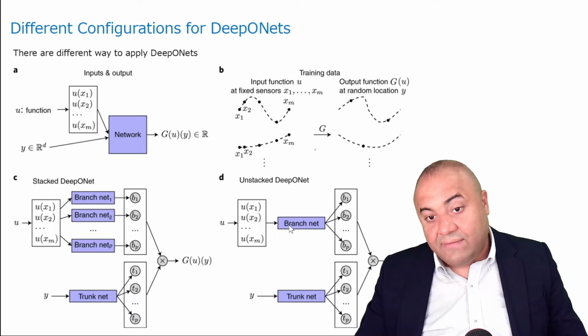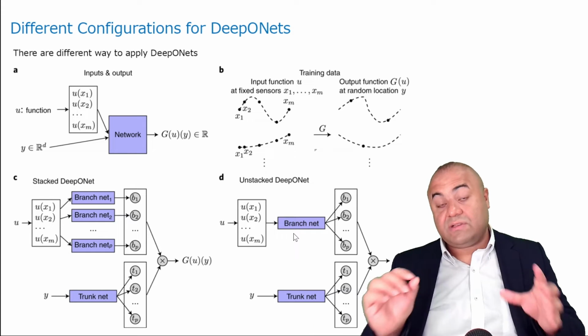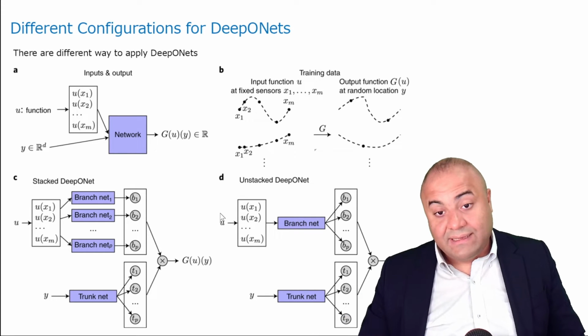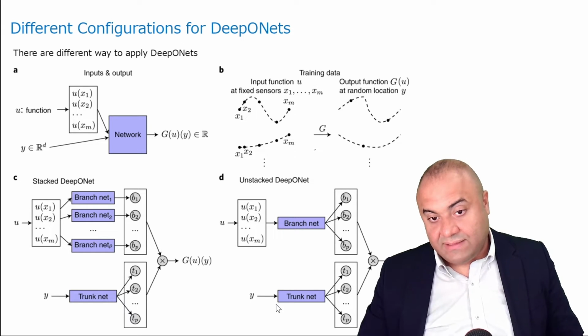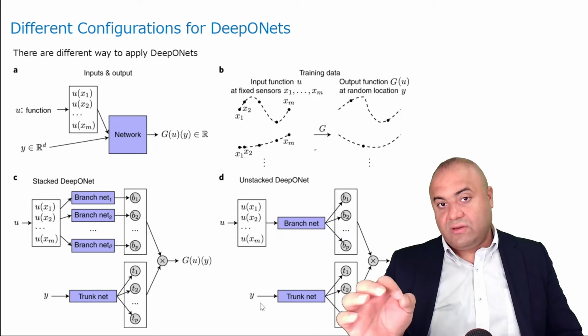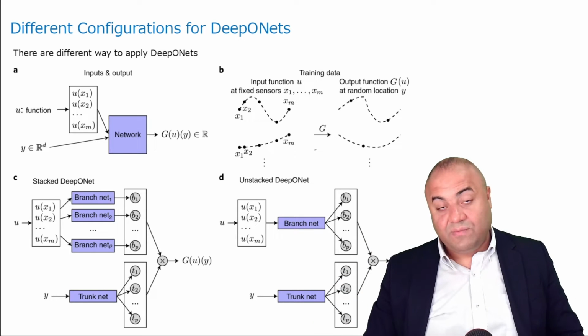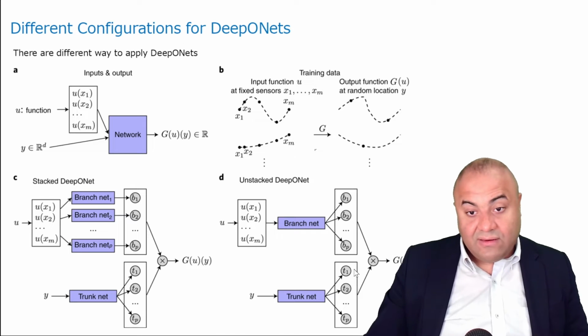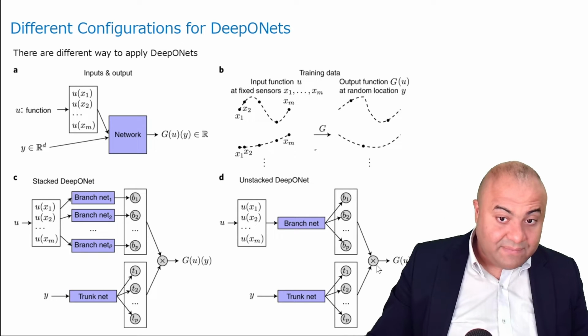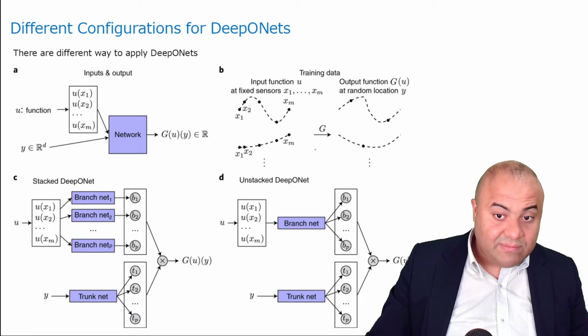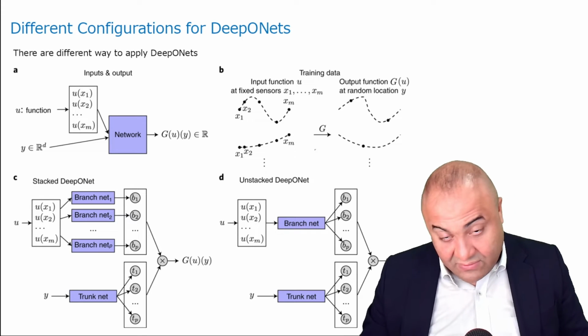Then you will have a branch network that is going to learn this, and then you will get this latent space. On the other hand, the trunk part gets the location in which you want this value to be calculated, and then you will have another latent space. You multiply them with each other, and then you reduce them to the final value.